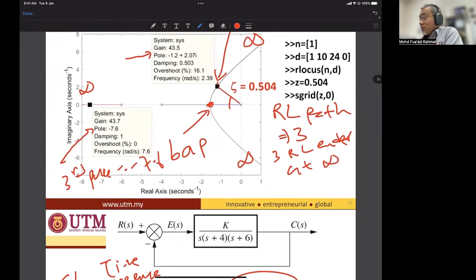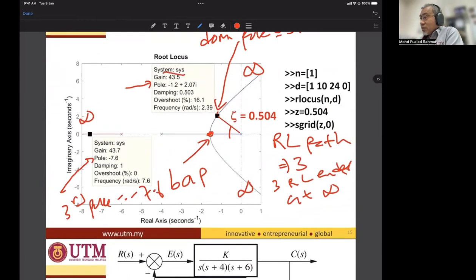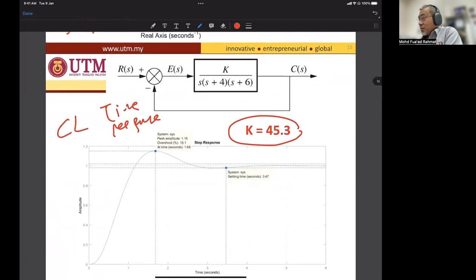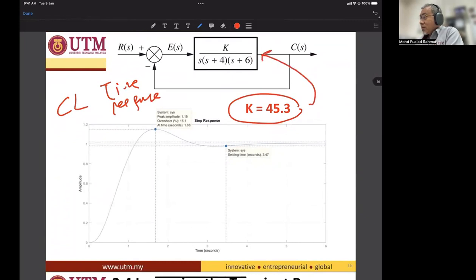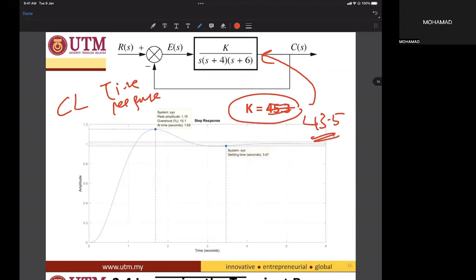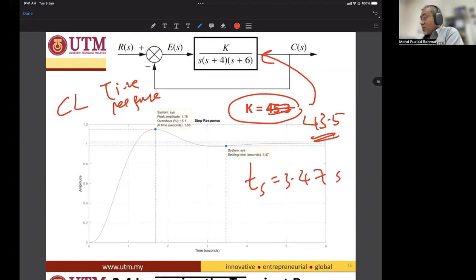Where does this gain come from? It comes from here, 43.5. So the settling time is 3.47 seconds, and the peak time is 1.68 seconds. This one is before PD control.